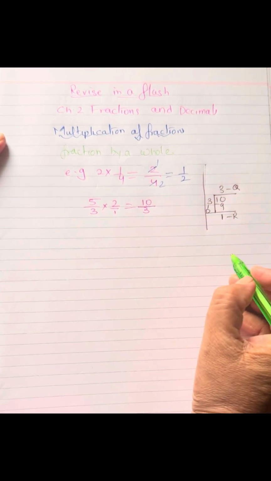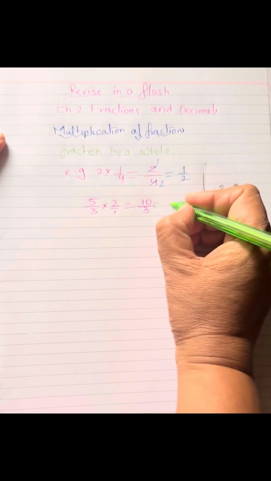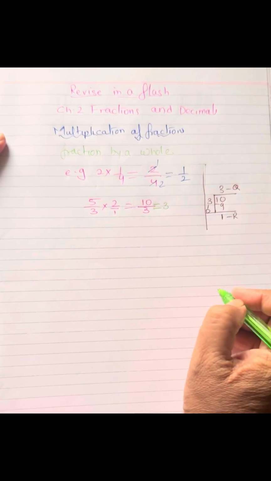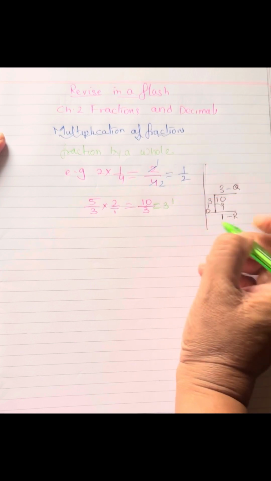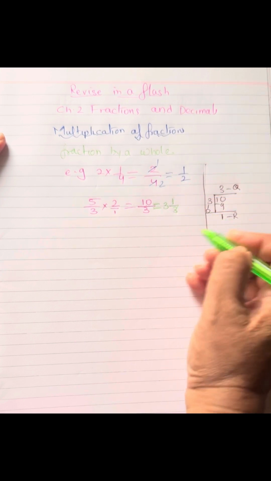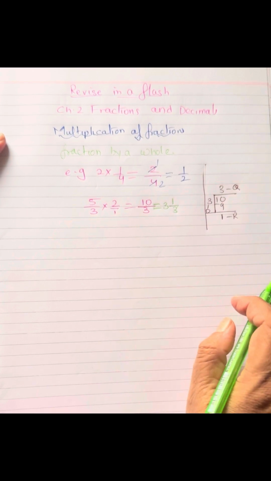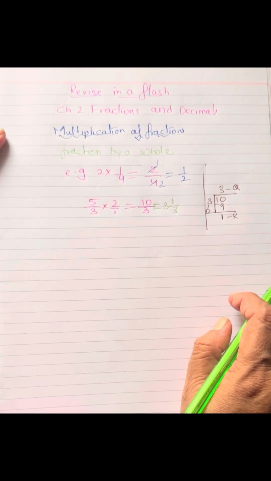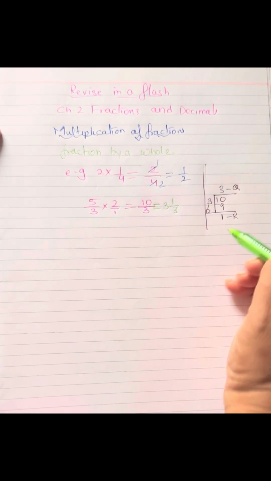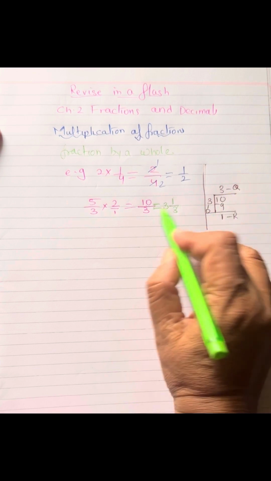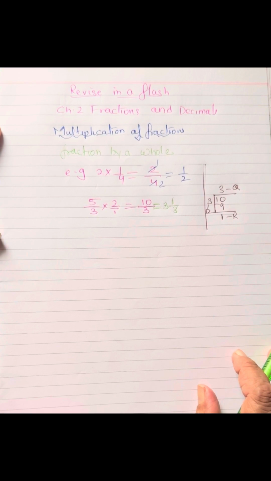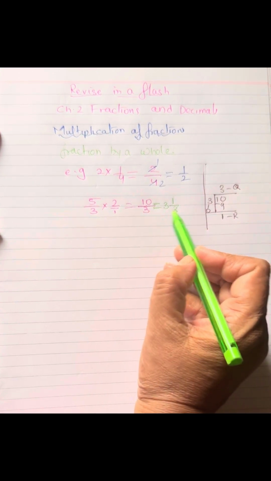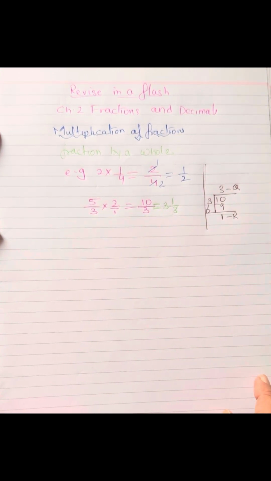So remember the sequence QRD. Q means your quotient will be your whole part. R, the remainder, is the numerator. That is 1 upon 3. So QRD. This is the form in which we write the answer. This is just a trick for you to remember how to arrange the numbers, the quotient, remainder and the divisor. Also, you can see that the denominator should be the same in the improper and the mixed form.